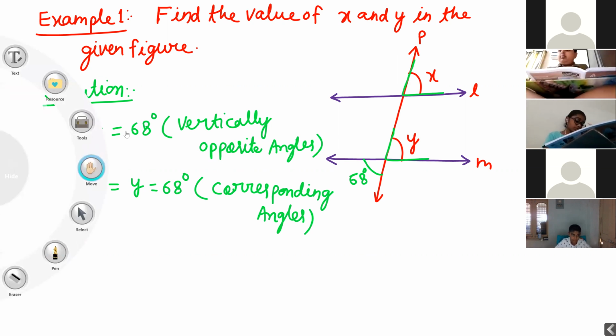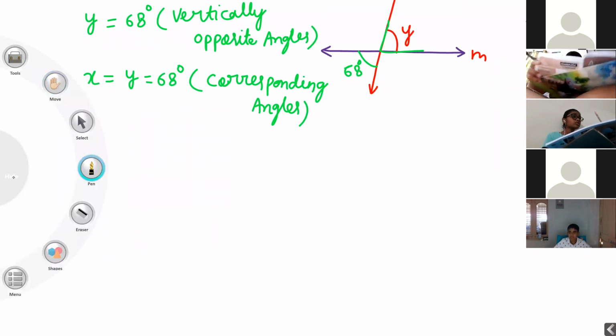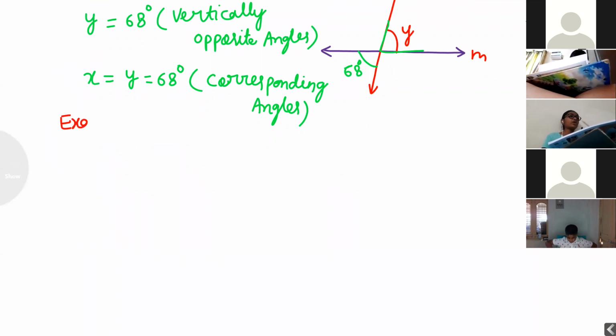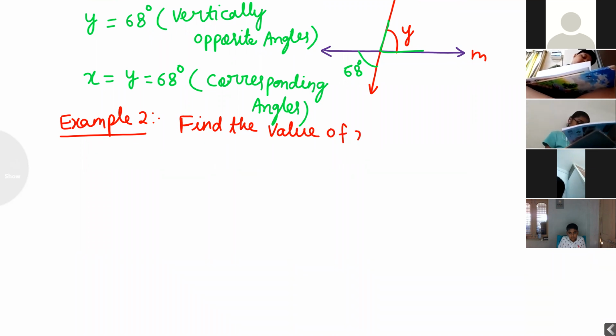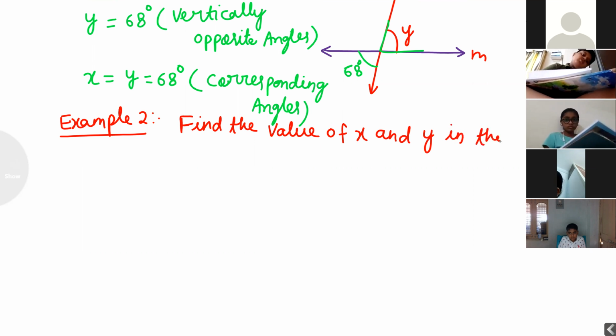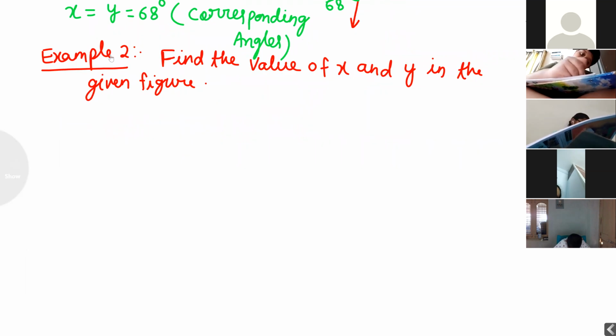Example 2. Find the value of x and y in the given figure.